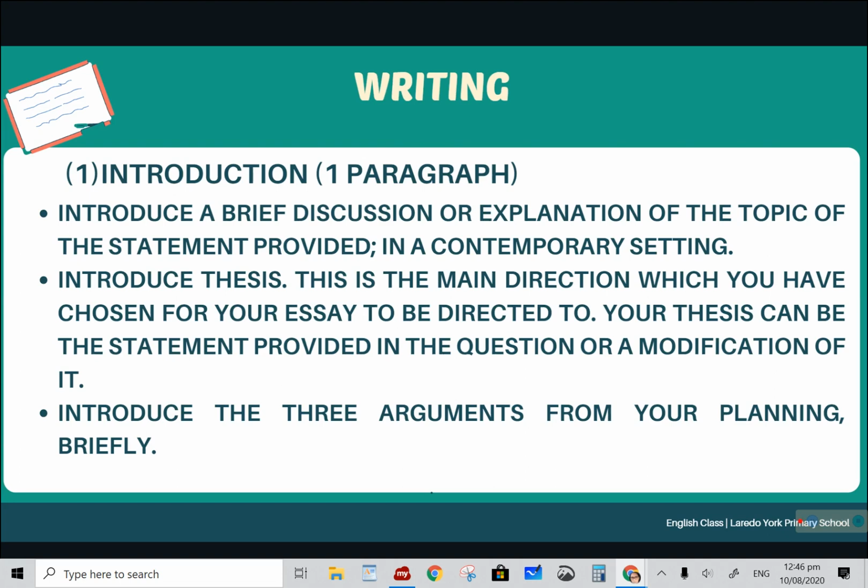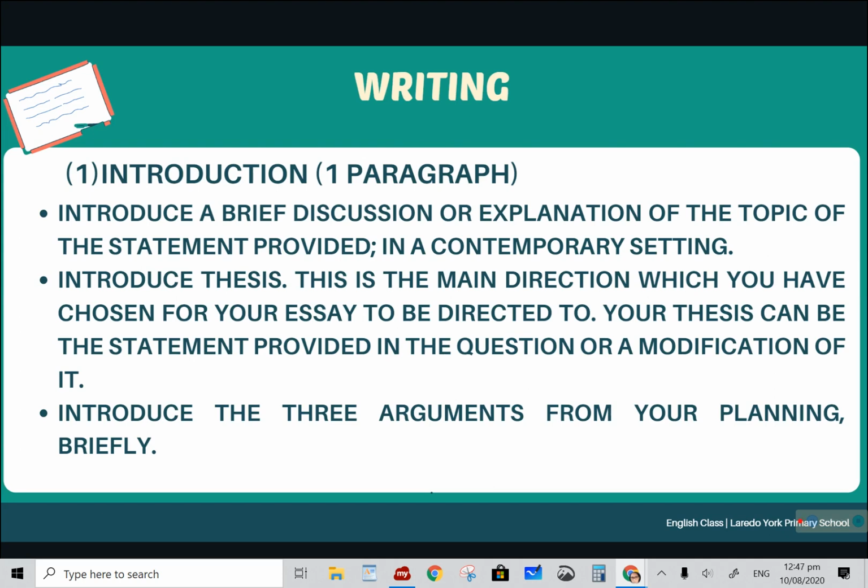But if you don't have anything to research a definition, a dictionary, etc., you can actually provide a brief discussion or explanation of the topic of the statement provided. Okay, now this should be approximately 2 sentences. I'm repeating that. This should be approximately 2 sentences. It would possibly be the longest part of your introduction.